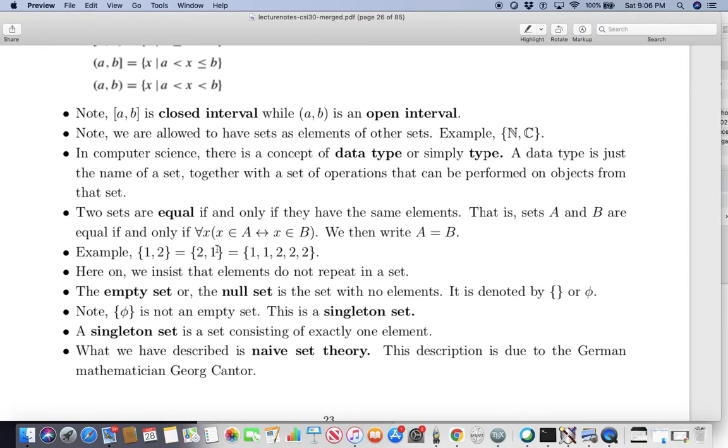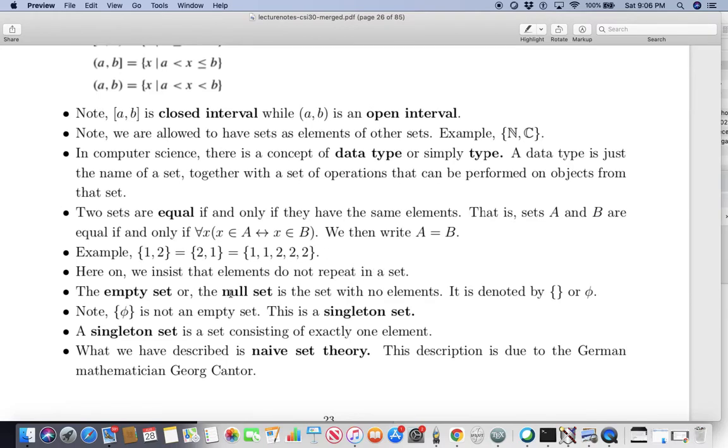Notice order does not matter. The set containing 1, 1, 2, 2, 2 is poorly written. In a set, elements cannot be repeated, so we never use this way of writing. We simply write it like this or like this. From here on, we insist that elements do not repeat in a set.